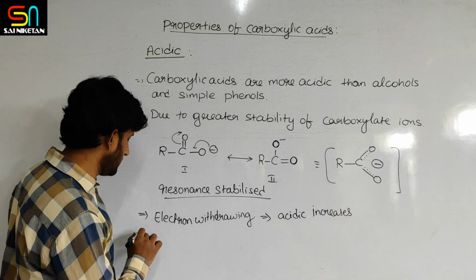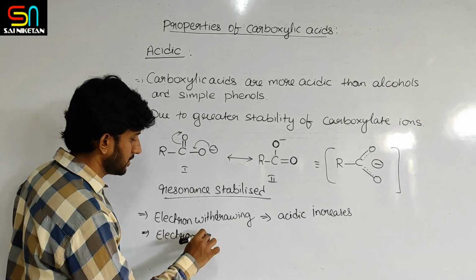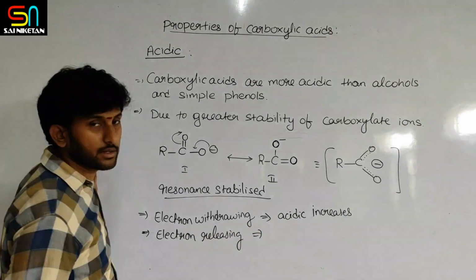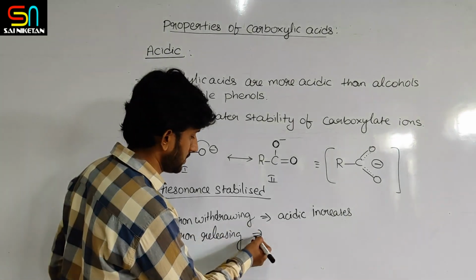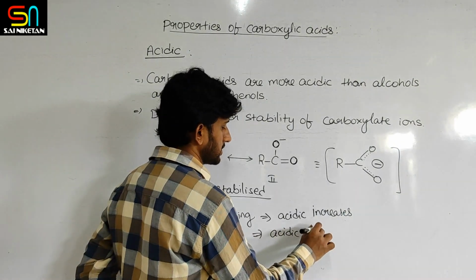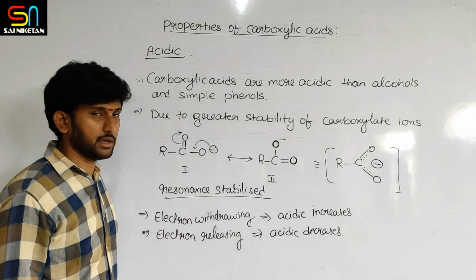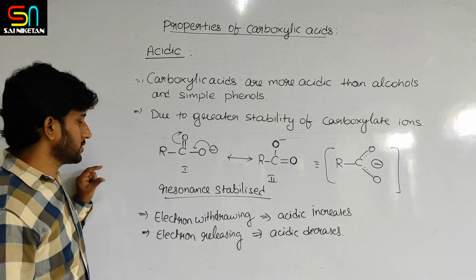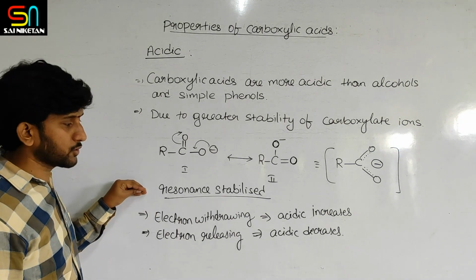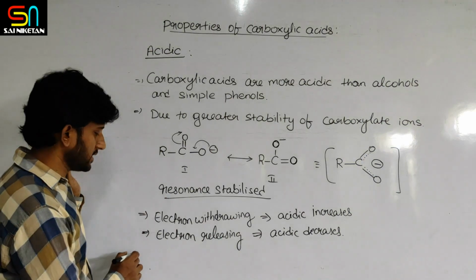If electron releasing or donating groups are present, then they destabilize the carboxylate ion and decrease the acidic nature of the carboxylic acids. So there are certain effects of the substituent group present on the carboxylic acid. We'll see some examples.